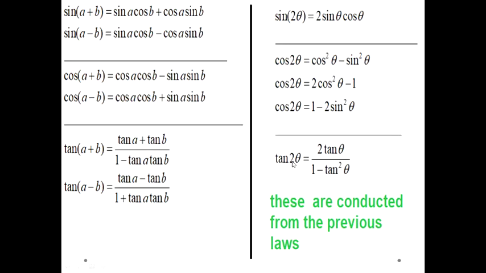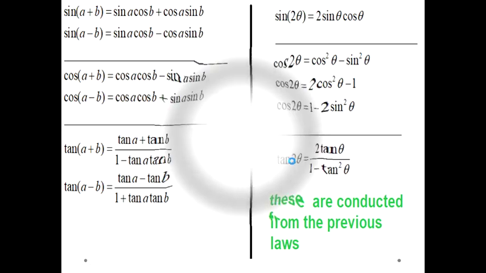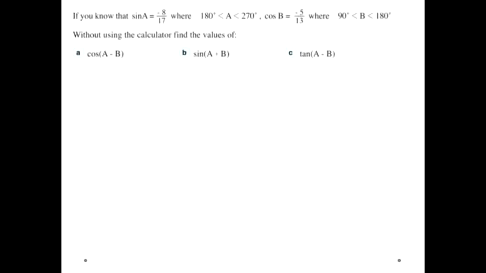Okay, let's go to some problems. The first one today is, if you know that sine A equals negative 8 over 17. Sine A is negative, so we have two cases, the third quadrant or the fourth quadrant. But he told us that it is in the third quadrant.